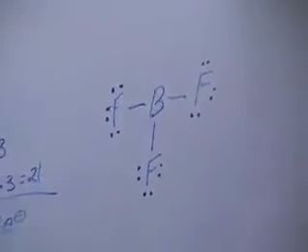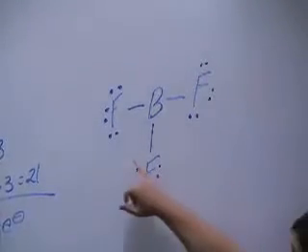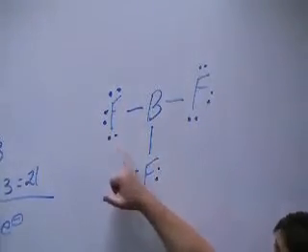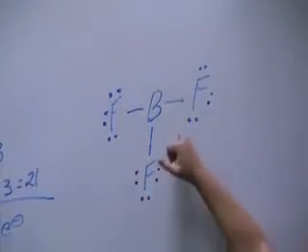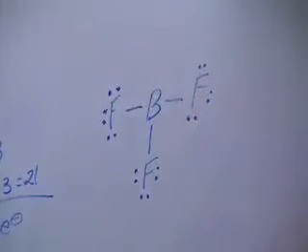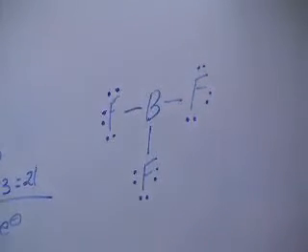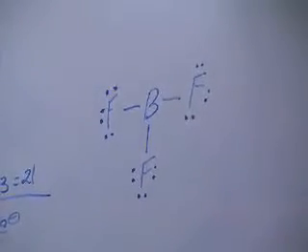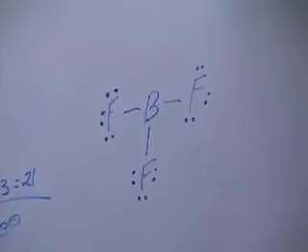Now each fluorine feels as if it has 8 electrons. 2, 4, 6, 8. So how many electrons do we take care of? 24.